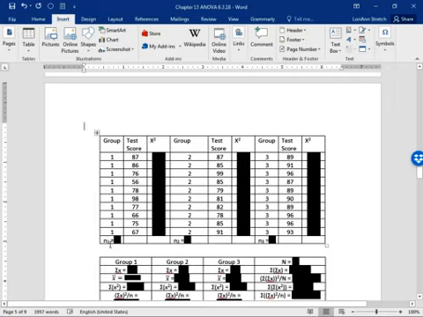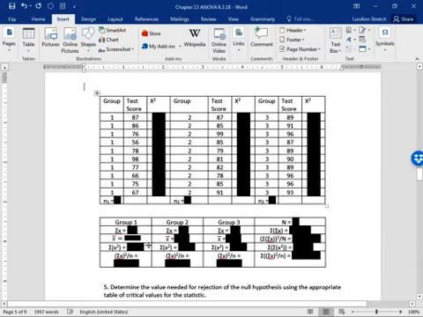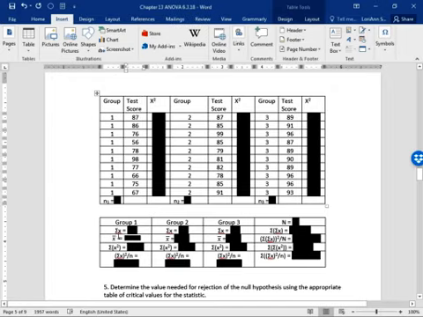And then here you're going to calculate the n of group 1. For the n, you just count how many scores there are, and this is going to be the n value for each one of these groups. Down here, you're going to do the sum of X, so what does this column equal?